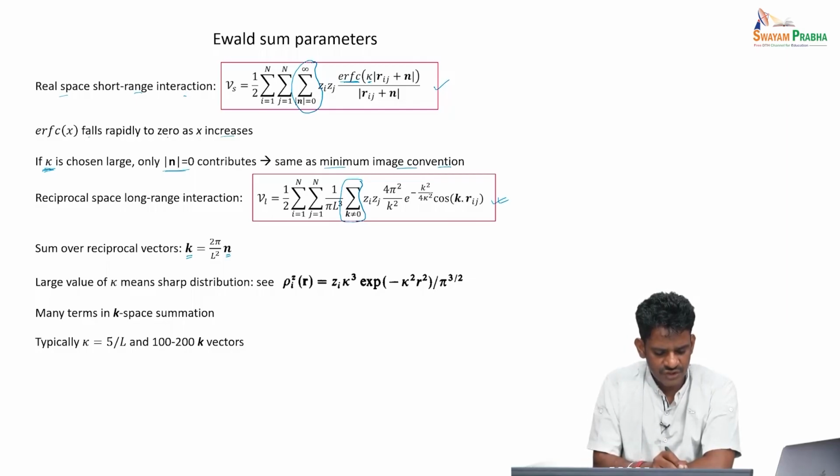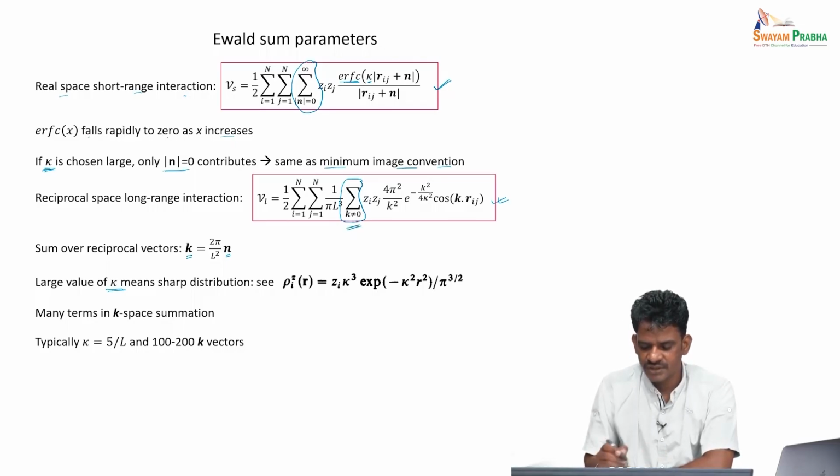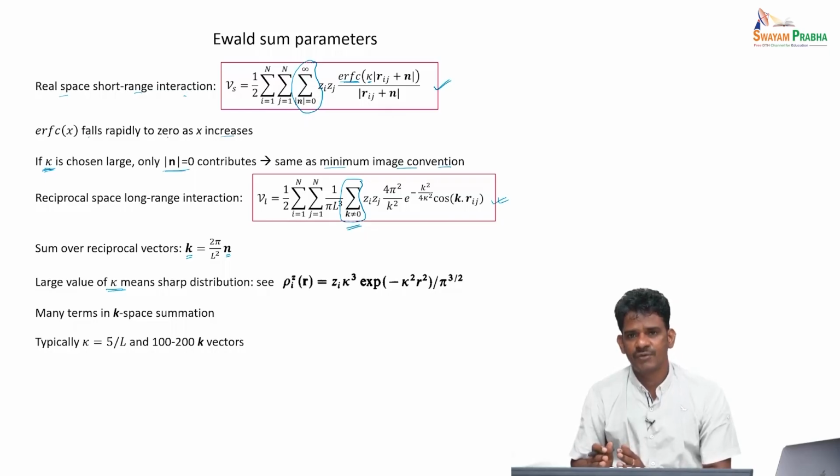When you keep a large kappa value, so that the short range interaction can be handled within the central simulation box, it has a consequence on the k space summation. This requires a large number of k vectors to be summed over. So, if you use large kappa, you also need a large number of wave vectors.